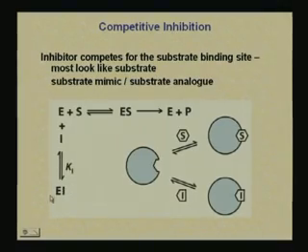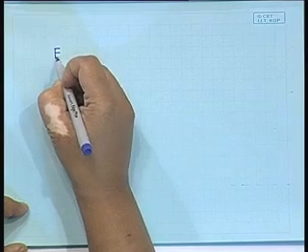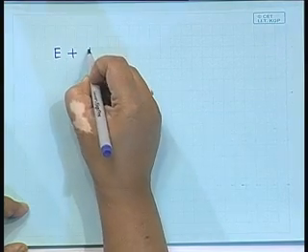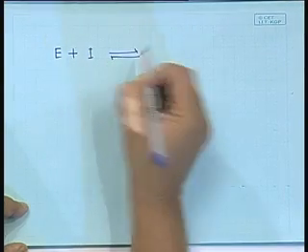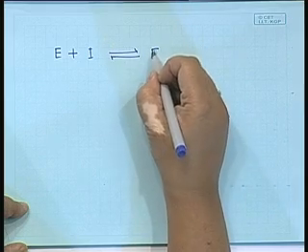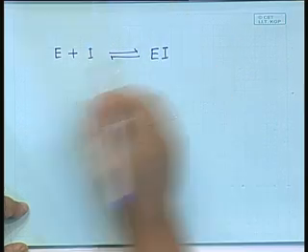Now, since the enzyme inhibitor complex is in equilibrium with the enzyme and the inhibitor, and I know it is a loose association, I have an enzyme plus the inhibitor forming an enzyme inhibitor complex.